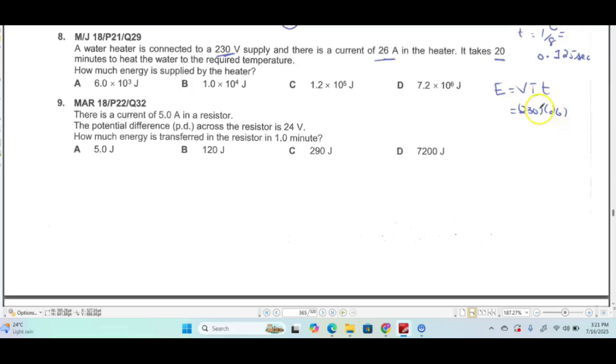So 20 into 60 we'll have to do. Okay, let's write this over here. It's going to give us 1200, I think. So the answer is 7.2 into 10 raised to the power 6 joules. So D is going to be our correct option.